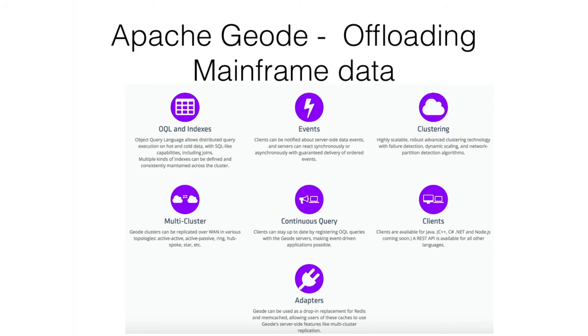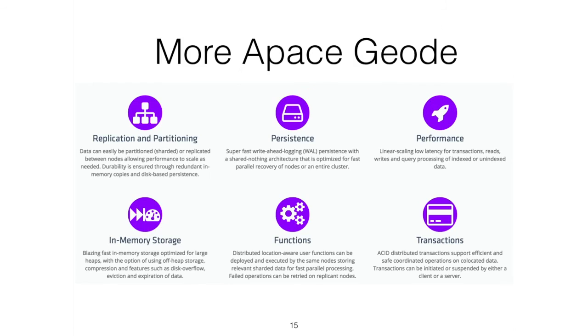It is a highly scalable in-memory data grid. It allows you to do WAN replication. It allows you to define continuous queries. It has binders that bind it to Spring, so you do not even have to write Apache Geode code. You write Spring Data. You write code in Spring Cloud Data Flow, so you are writing data microservices running on top of Spring Cloud Data Flow, which bind to Apache Geode.